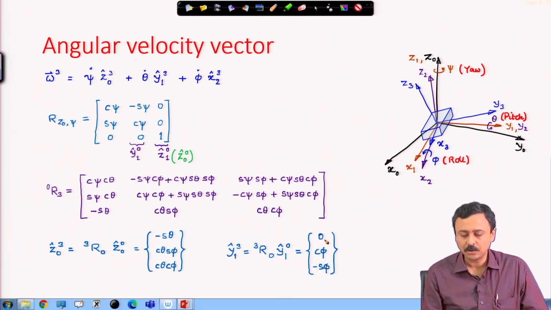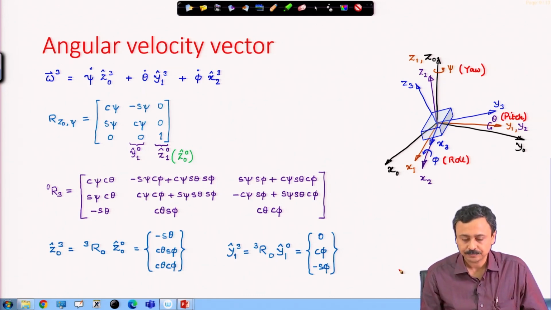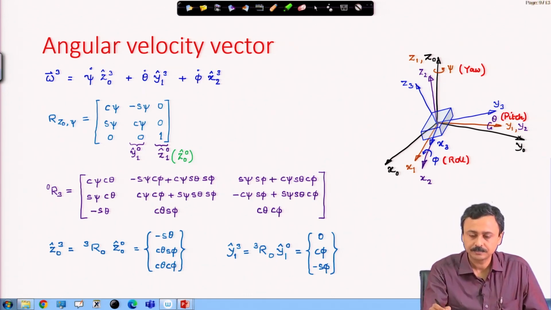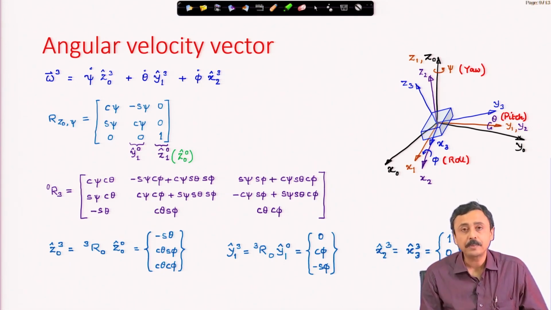I get 0, cos phi, minus sin phi, that is y1 represented in x3 y3 z3. And x2 represented in x3 y3 z3 is the same as x3 in 3, because the last rotation, which was a roll angle rotation, was a rotation about x2, and therefore x2 and x3 are identified.